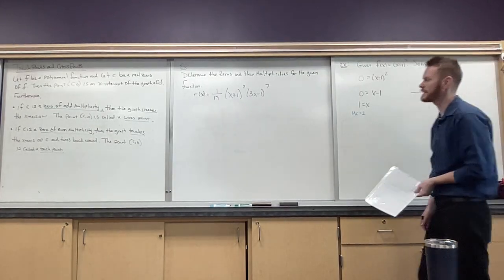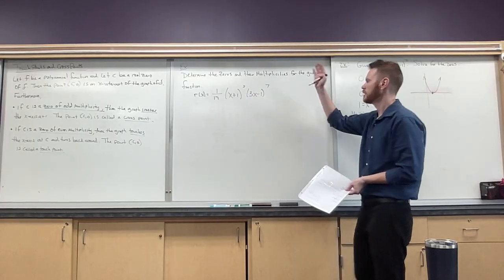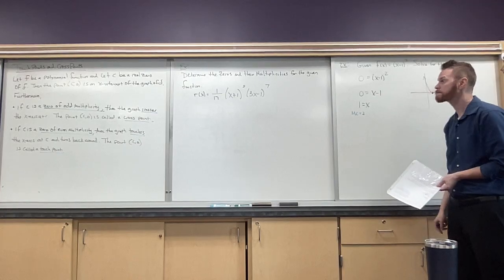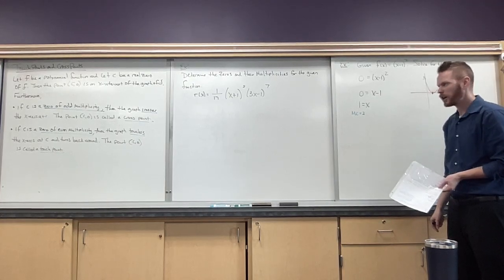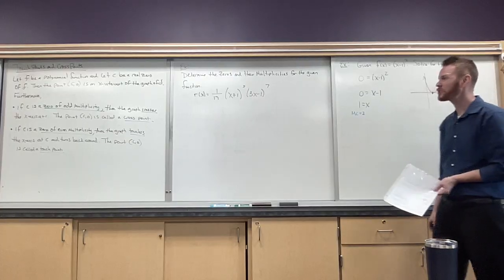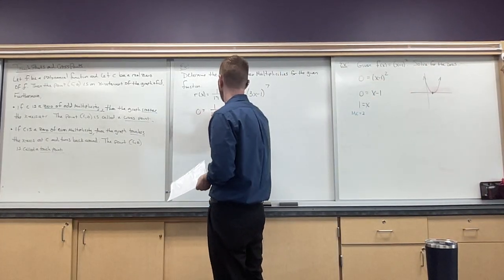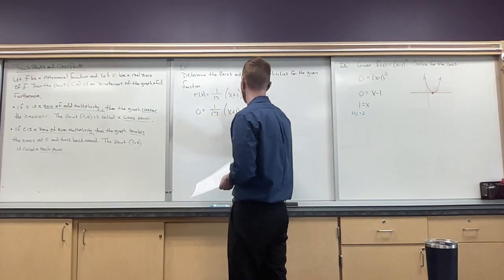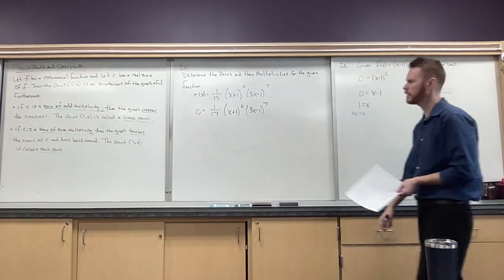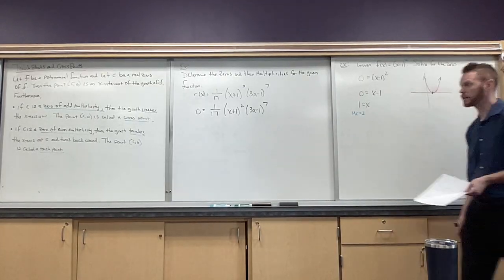We have 1/17 times (x plus 1) squared times (3x minus 1) to the 7th power. I do not want to multiply that out, and we're not going to multiply that out. Let's just solve for the zeros first. So we'll set it equal to 0.